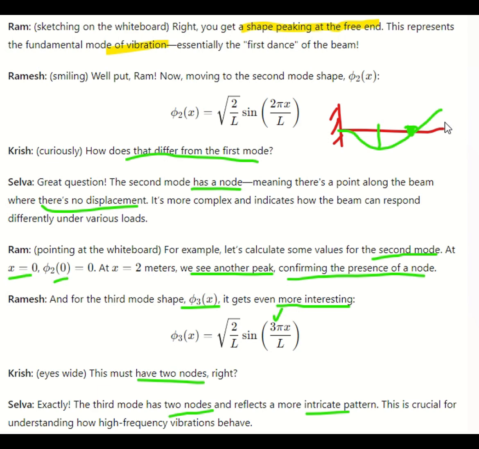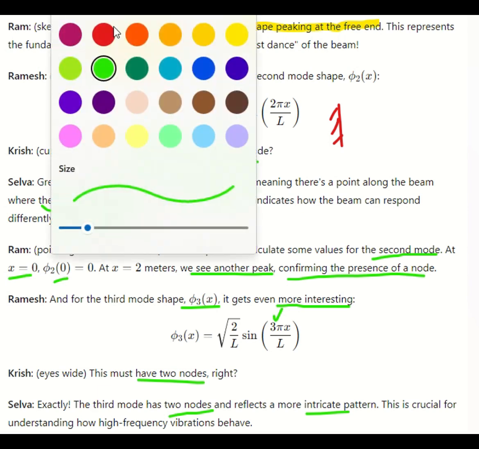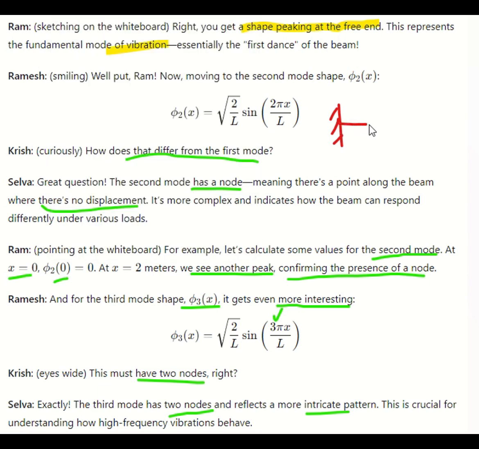Let's draw this third mode as well. This is the cantilever beam. The third mode has two nodes, meaning there are points along the beam where the displacement is 0.